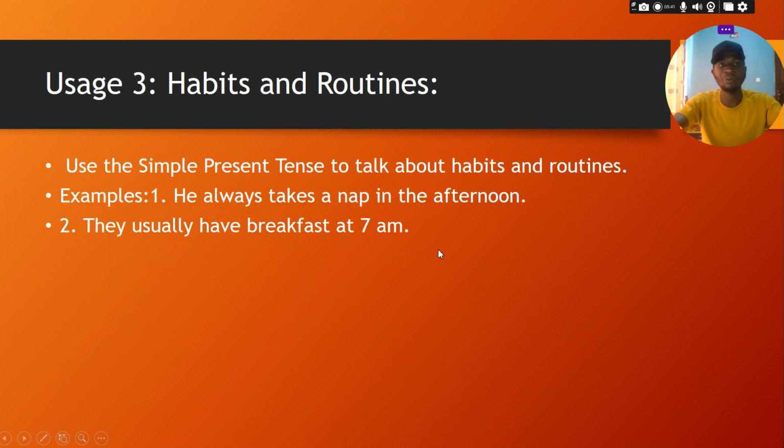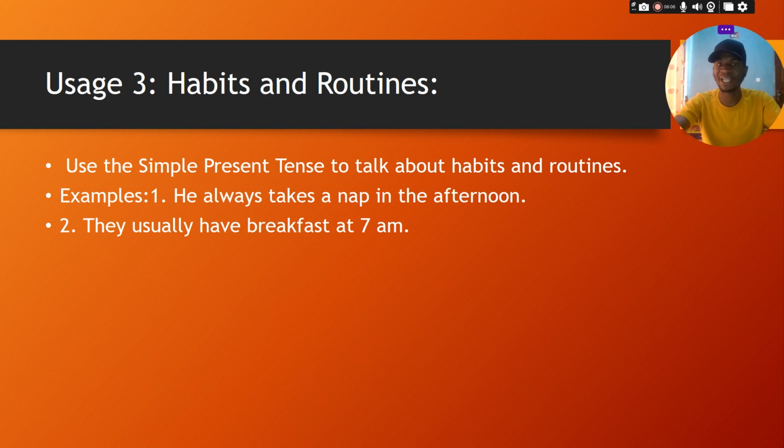Okay, we move on to usage number 3. Use the simple present tense to talk about habits and routines. So whenever you want to talk about habits and routines, use simple present tense. Example number 1, he always takes a nap in the afternoon.